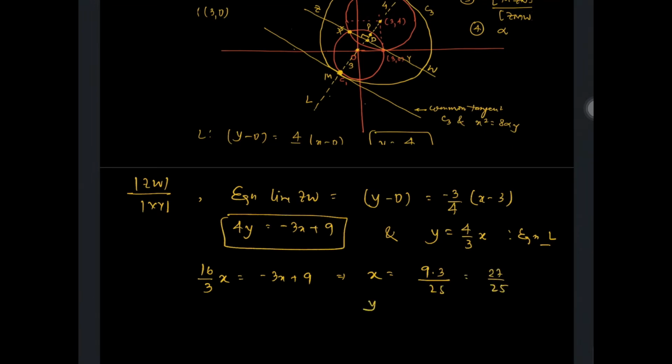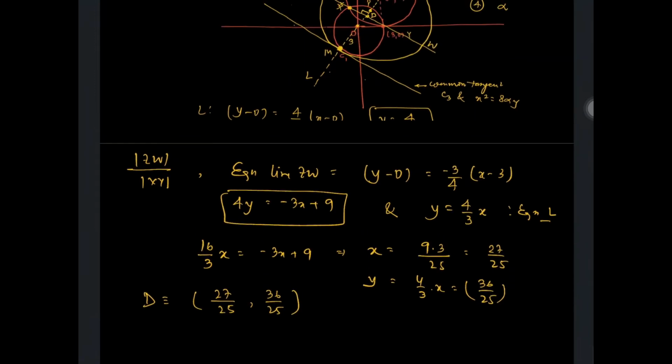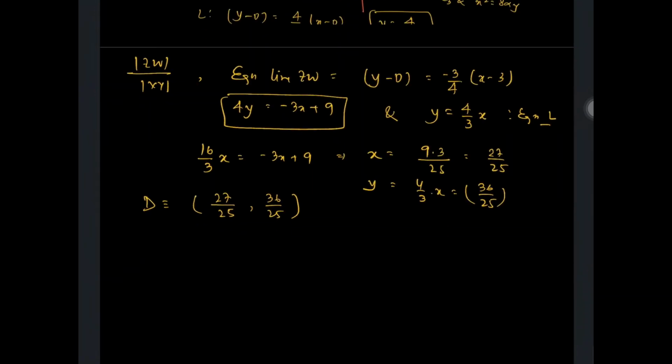And similarly y comes out to be 4 by 3 into x, that is 36 by 25. So I get the coordinate of D as 27 by 25 and 36 by 25. Now what is OD and OP?